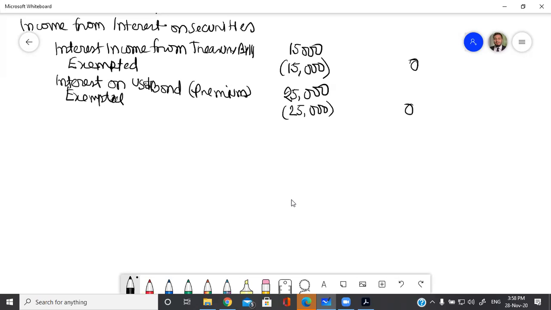Okay, so I will request you to explore this bond more, but for our purpose we need to learn that these are tax exempted, and you have got the meaning why tax exemption on this interest income for these particular bonds has been made.